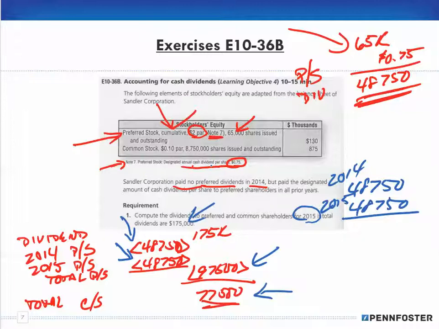Everything isn't cookie cutter. It isn't just 8%. In this case, it was 75 cents a share. So you need to watch for these anomalies, but the basic process still remains the same. That's why I'm saying make sure you do these exercises, because I can explain theory to a certain extent, but because of the variety, I can't cover all situations, and the more exercises you do, the more things you see, the better you become at it, and that's all there is to it.